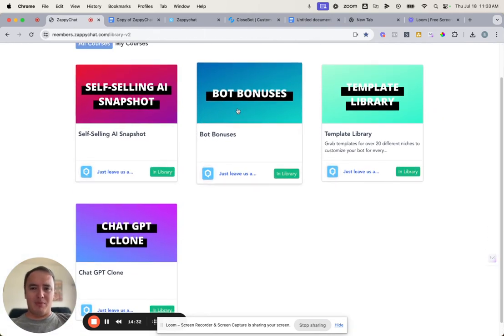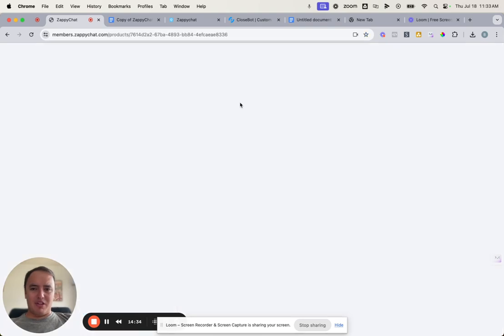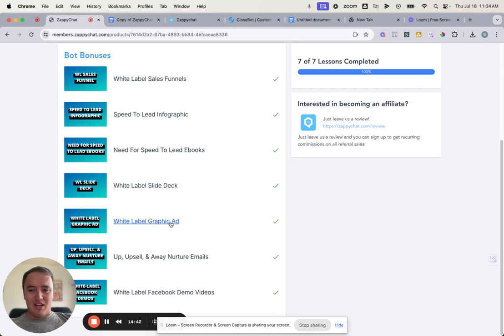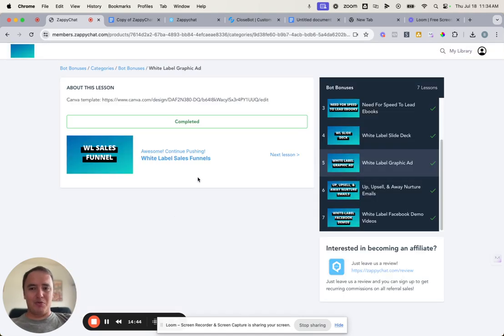I think it might be here, bot bonuses. They have white label sales funnels, infographics, sales decks, and this stuff is pretty cool to have. You can import this stuff right into your Go High Level, which Closebot's not doing any of.